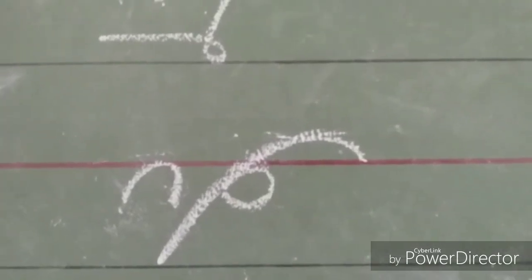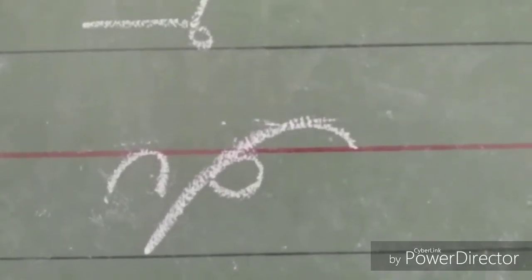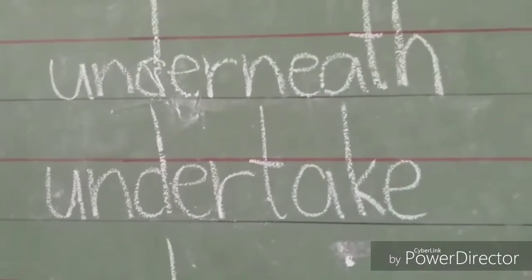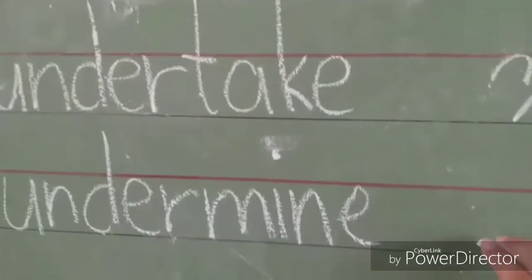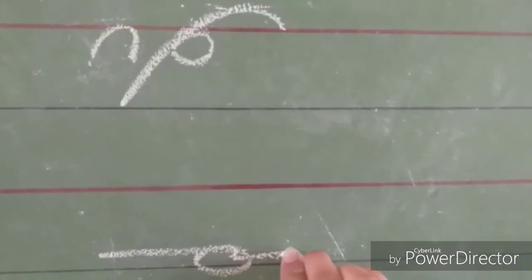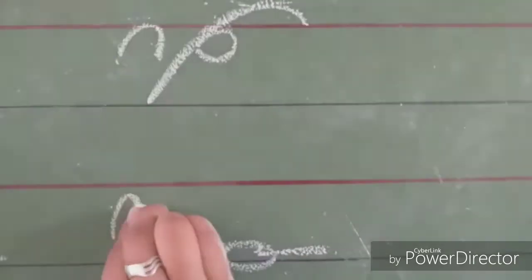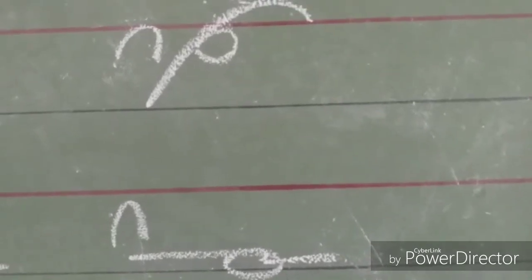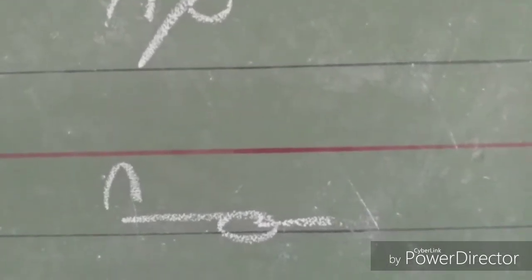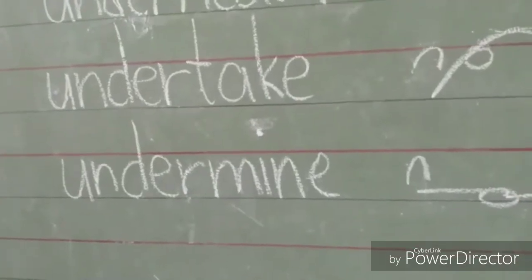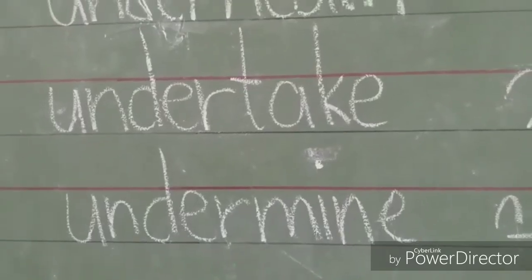Now here is the stroke of OO and TAK for the word undertake. And for the last example, here is the stroke of OO and MIN for the word undermine. Now let's have an overview.